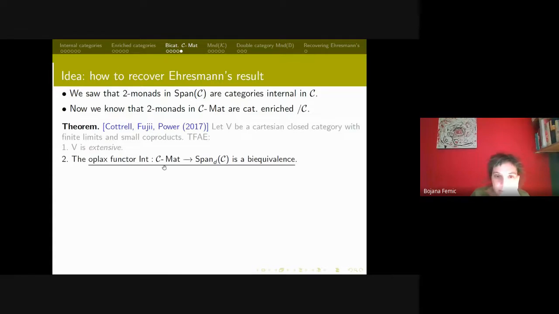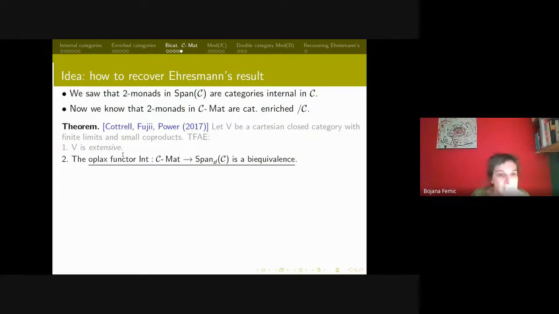Well, now I tell you the following result that was proved in this paper. I put in gray the assumptions. Let V be a Cartesian closed category with finite limits and small coproducts. Then the following are equivalent. That V is extensive, and I don't define that.